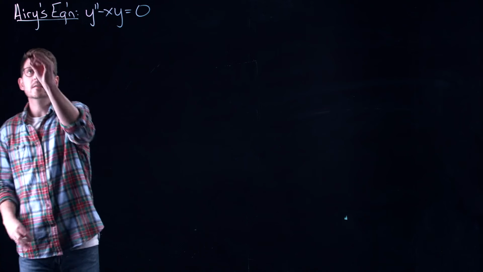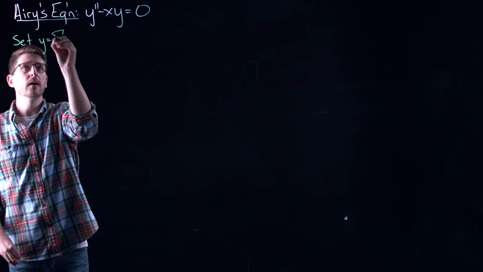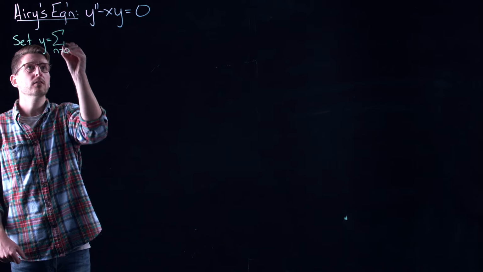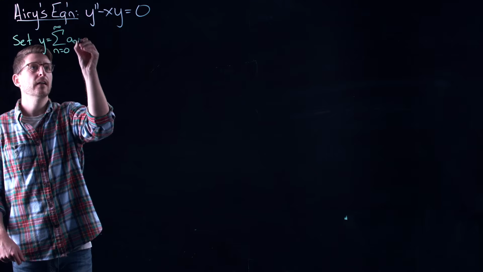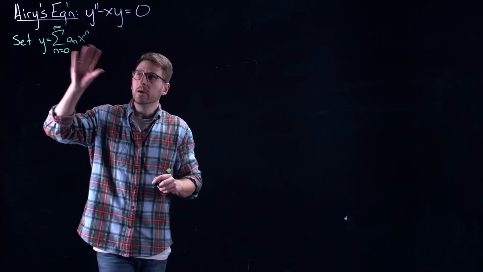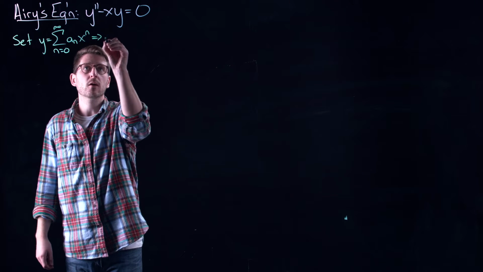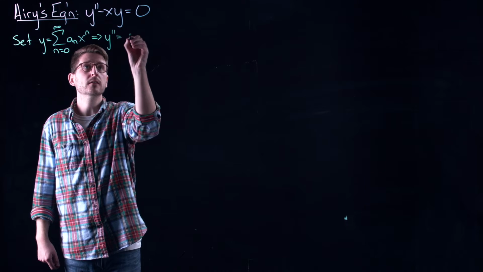So here's what I want to do. Remember, I'm going to set y equal to the sum, n equal to 0 to infinity, of a_n x^n, right? We're centered around 0. Well, if you go back to the previous video, we did the derivation of the derivatives. I'm going to just go ahead and give you what the second derivative is.